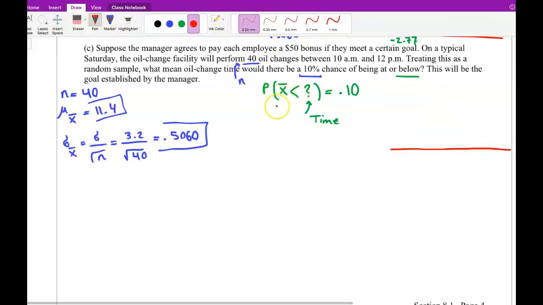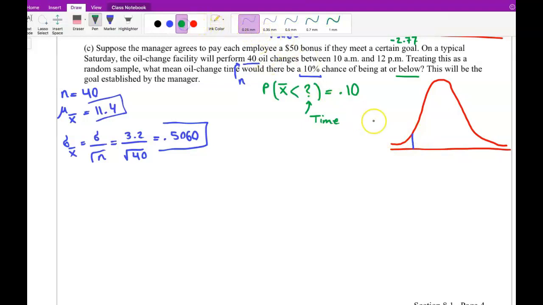This one is time. So here the probability is equal to 10%, and we need to find the value of x bar.